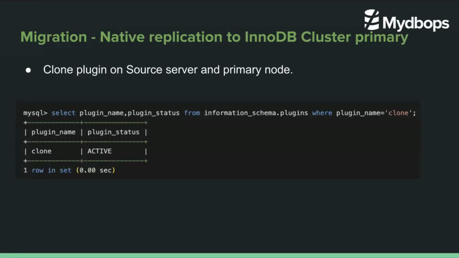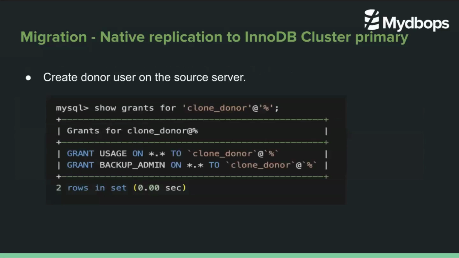As the very first step, we need to make sure that the source server, the source of the native replication, and the primary node of the cluster have the clone plugin enabled. And then we need to create the donor user on the source server. For easy understanding, I have named it donor, since it is going to send the data.